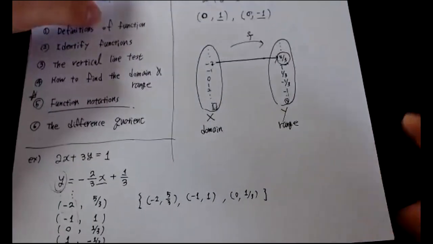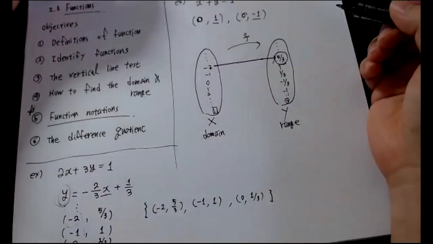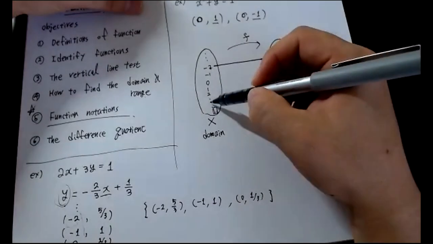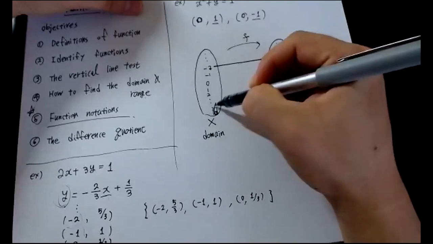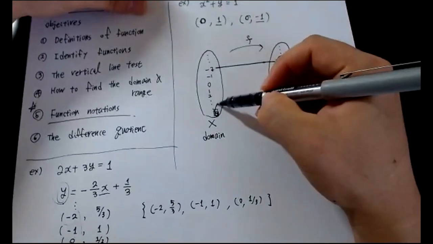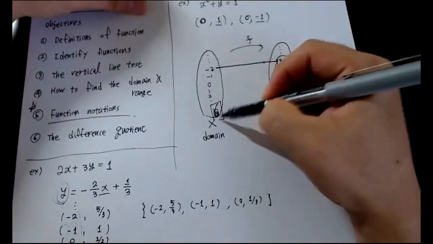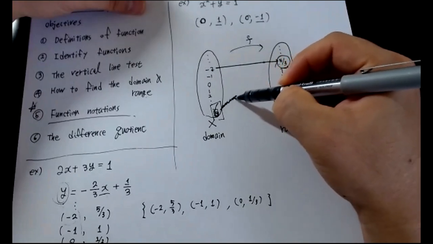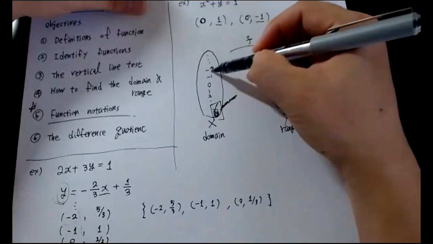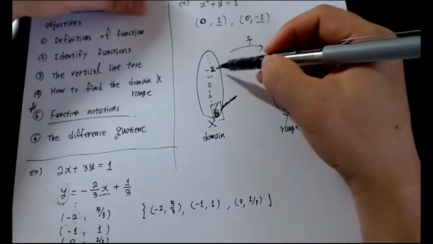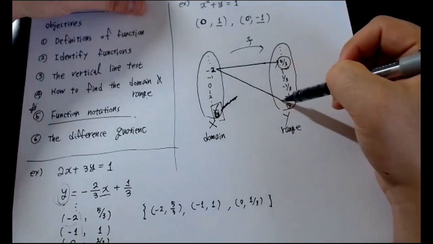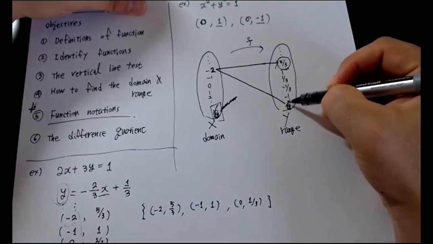For example, let's say 1, 2, 3, 4, 5, 6. Let's say -2 has another y value corresponding to it, for example, 6, right here.